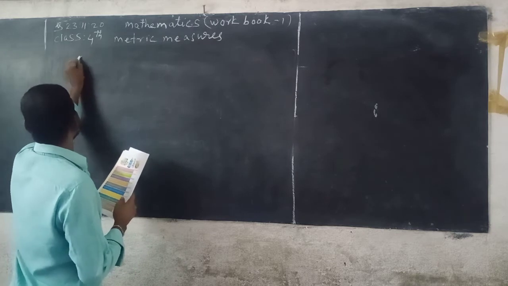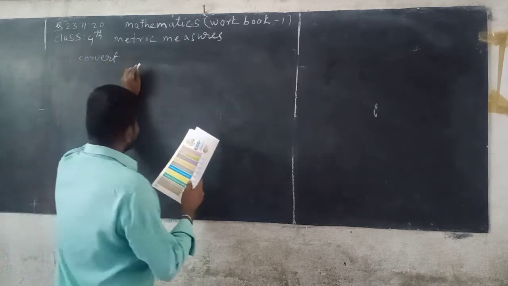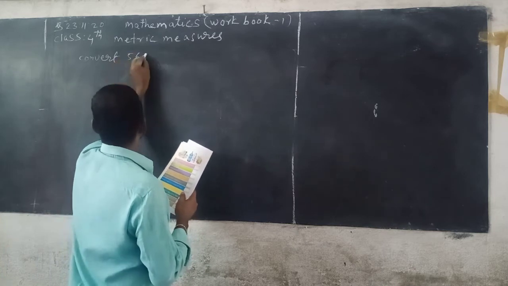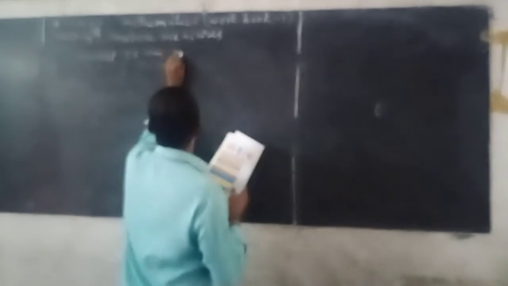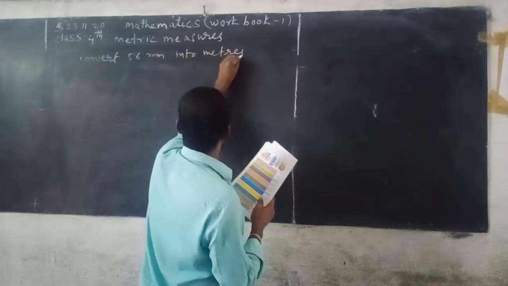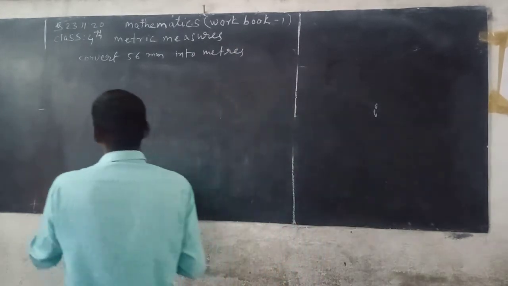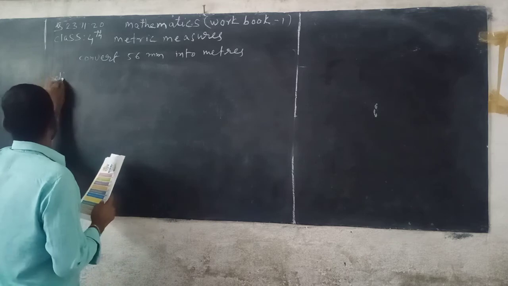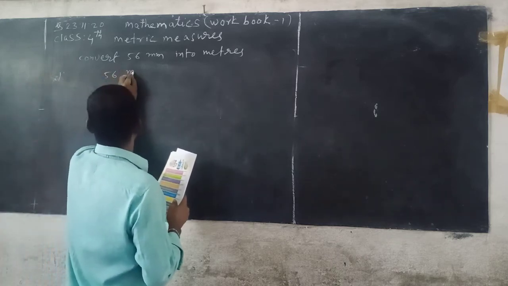Convert 56 millimeter into meters. Solution. So the given measurement is 56 millimeter.